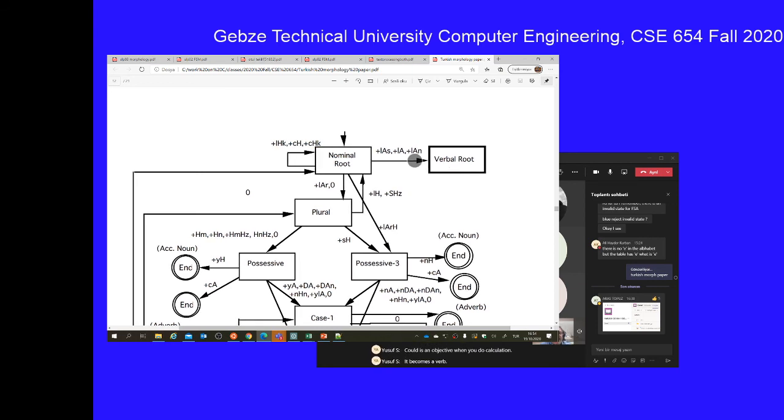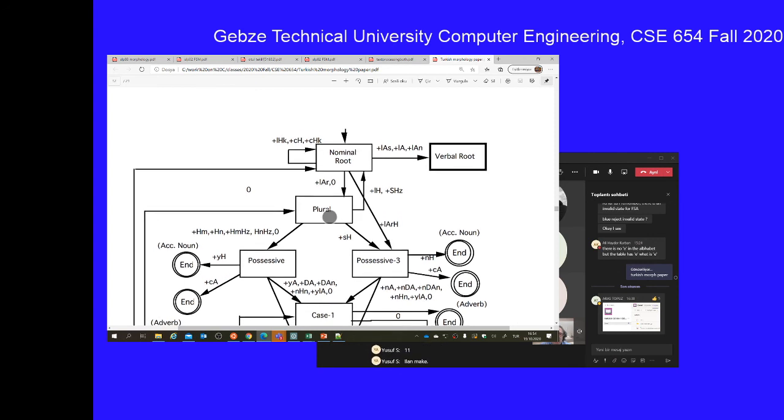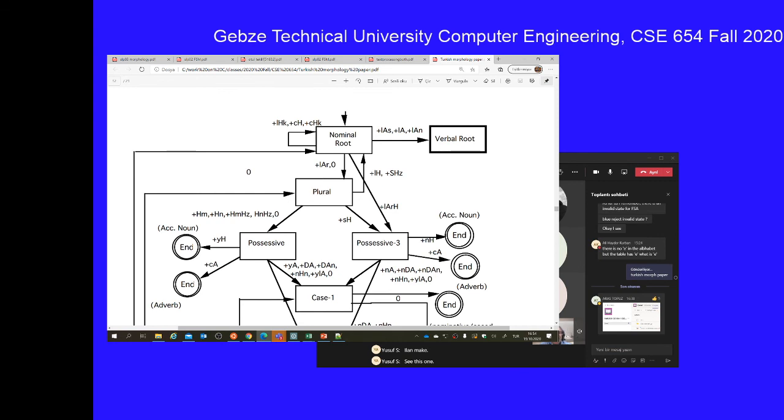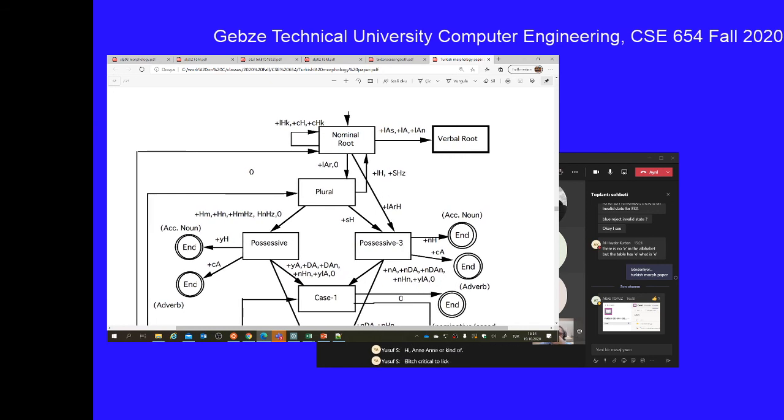Kötülen, iyilen, iyilenmek. See, this one, lar, ler. This capital A is A and E. Okay. Capital H is I and Ü and U, kind of. İyi, iyilik, kötü, kötülük, etc. İyi, iyici, küçük, küçücük, kind of.